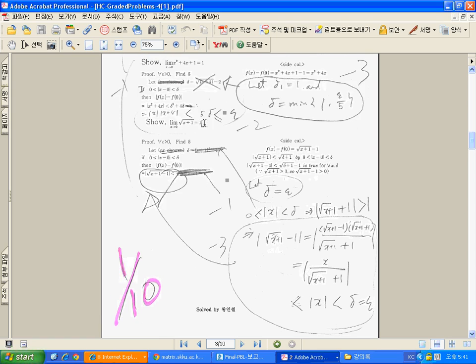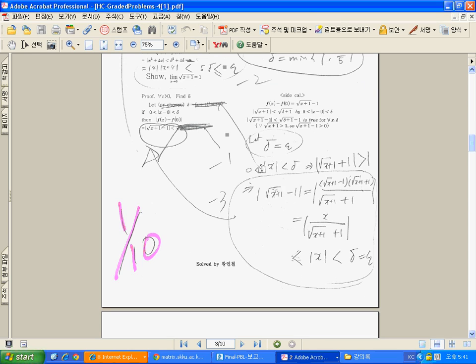In this case, for the second problem, luckily we could choose delta as epsilon, because the side calculation shows us that this value is always bigger than 1, so the absolute value of this is less than or equal to the absolute value of x. So this side calculation naturally gives us this. But here, see the technique: we need to do the rationalization of this to have this form, which works nicely.